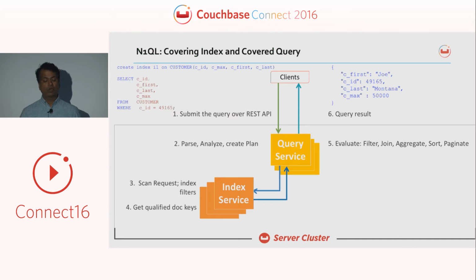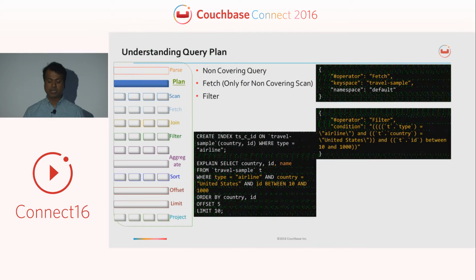When you have a query that uses the USE KEYS modifier on the keyspace, you can simply go to the data service, fetch the data, do the query processing. So whether we use the index service or the data service depends on what query you have given. So the optimizer decides that automatically for you.